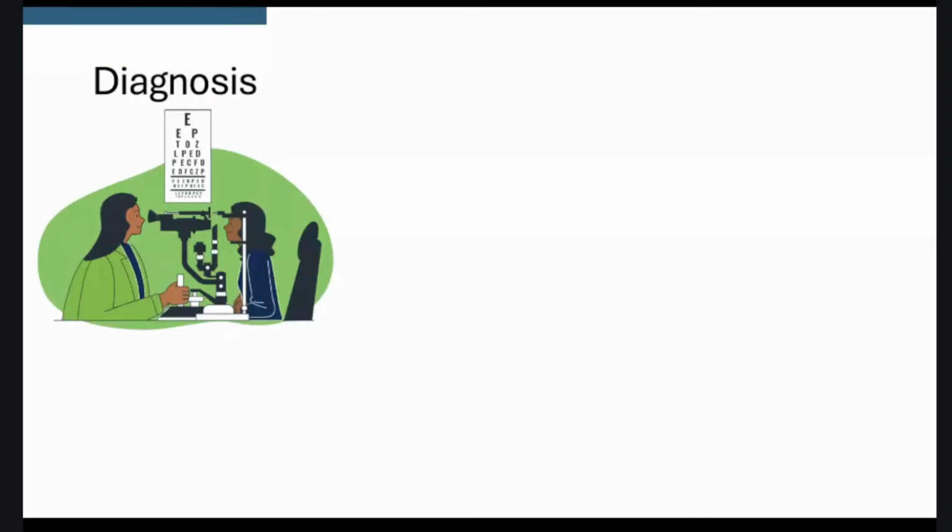So patients should have a visual acuity done at each visit and each follow-up visit. The visual acuity is helpful to also monitor patients' response. And also it can be used to decide whether you want to treat a patient with DME or not, because observation is also one of the options.